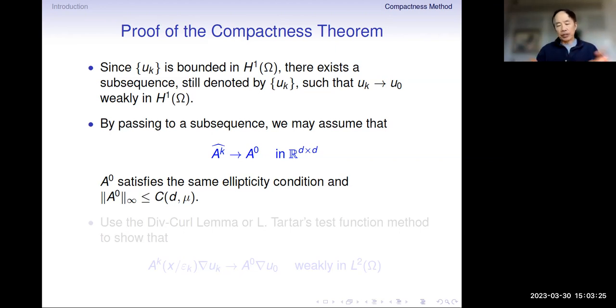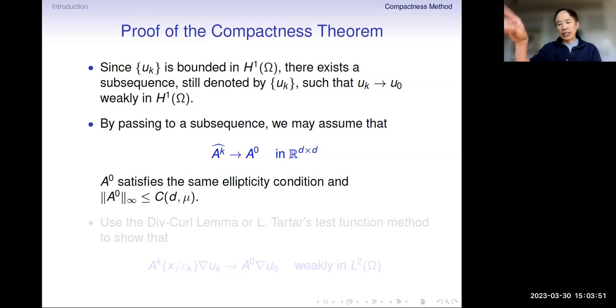In my last lecture, I defined the homogenized or effective matrix for any periodic matrix. The idea is that this A k hat may be different for each k, but they're all bounded, and therefore, by compactness, you can assume the subsequence also converges.